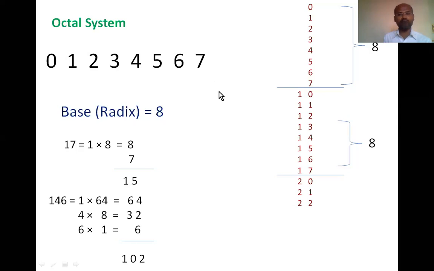It means if you form any number, that number will contain a combination of these digits. There are 8 digits, 0 to 7. Okay, now let's see how to count in the octal system. Let's see.